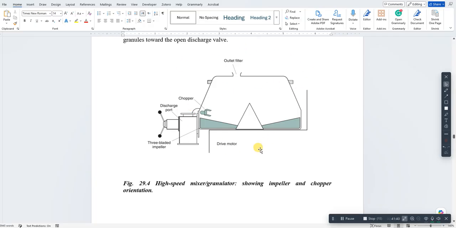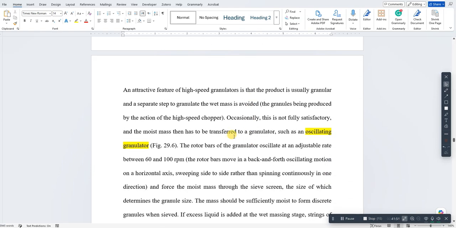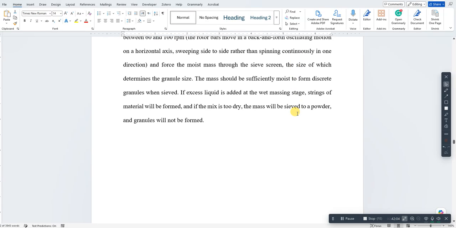So the advantage here is the speed, and second advantage, everything is done except drying. Everything is done with the same equipment. After drying or before drying the granules, we may subject the wet mass or the dry mass into an oscillating granulator.